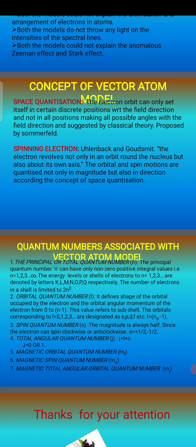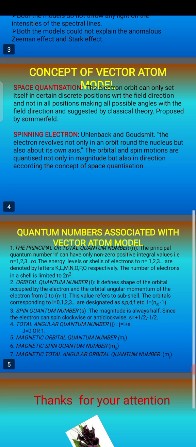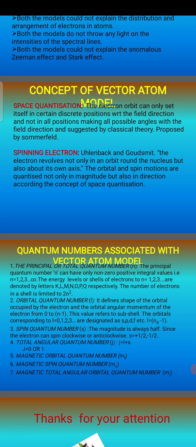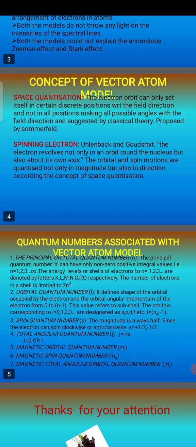The second one is the orbital quantum number, small l. This quantum number defines the shape of the orbital occupied by the electron, and the orbital quantum number of the electron runs from 0 to n minus 1. This value refers to the subshell.